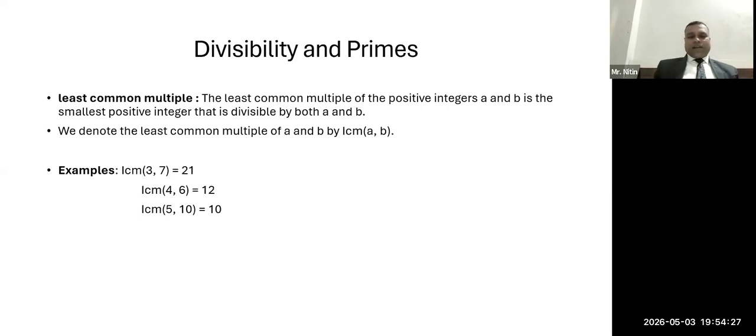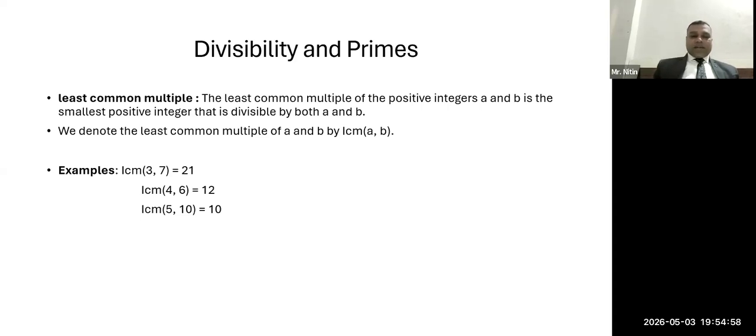Yes, 4 threes are 12. Can we have 24 as the LCM of 4 and 6? No. As the term suggests, LCM is the least common multiple. So 12 is a multiple of both 4 and 6.